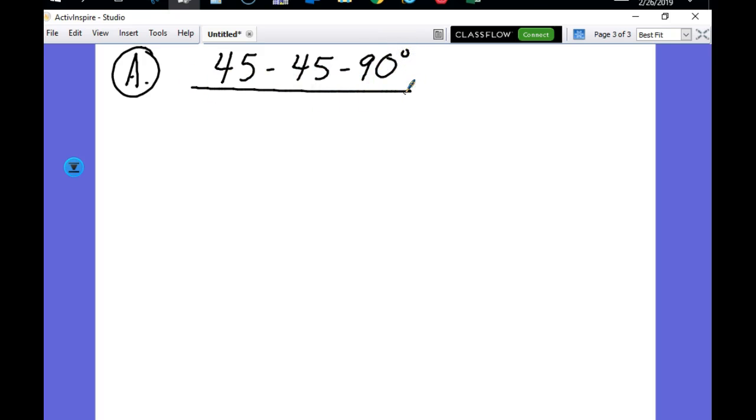So what those numbers mean is those are the angles of that triangle. So for instance, we have a 90-degree angle, and then we have 2 45-degree angles there. Okay. Now, little principle from geometry.